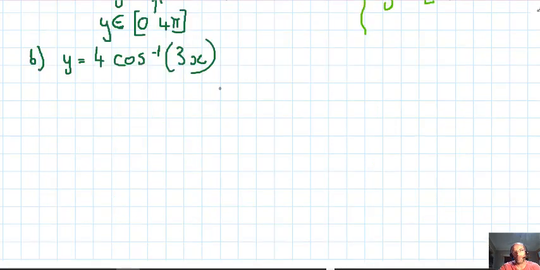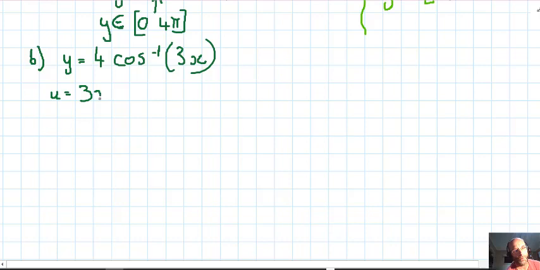So now to find in part B the derivative, and so we're going to have to use a chain rule again. So a substitution, u equals 3x, and we can easily calculate du dx as 3.